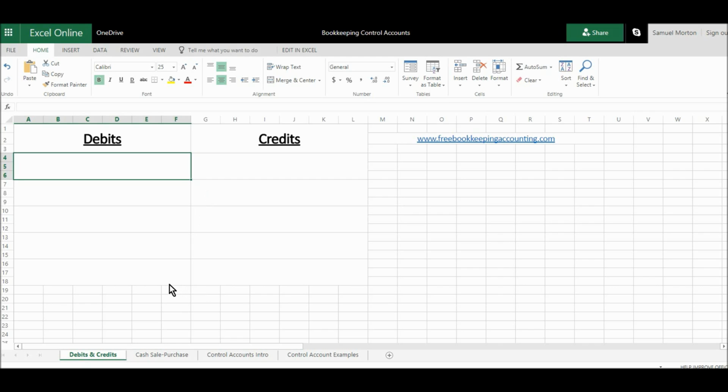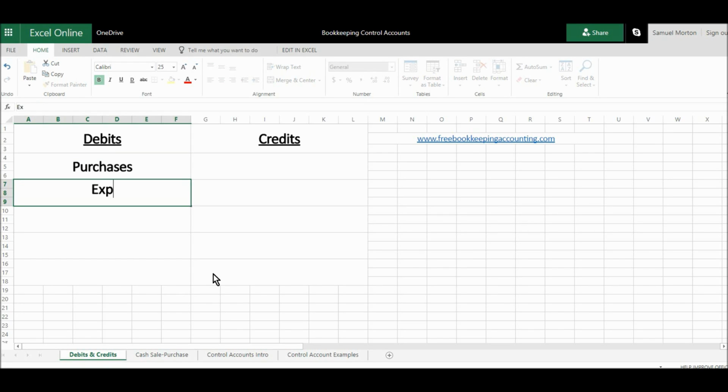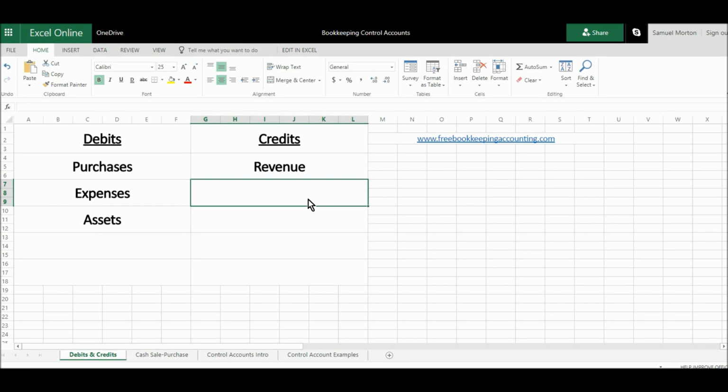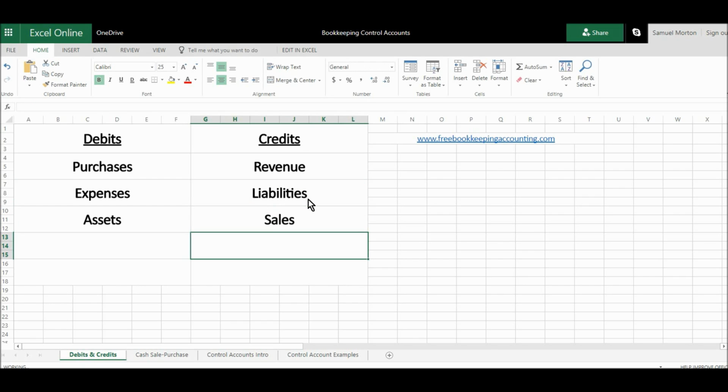So just a reminder for debits and credits, your debits are things like purchases, expenses, and assets. Credits are things like revenue, liabilities, and sales.